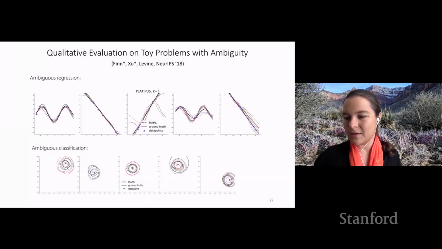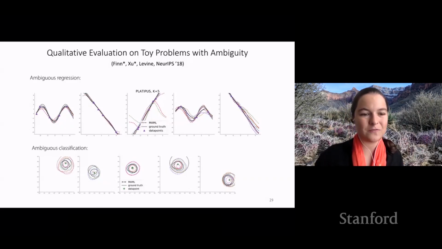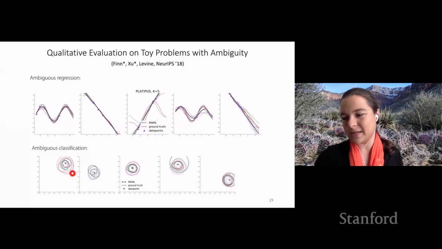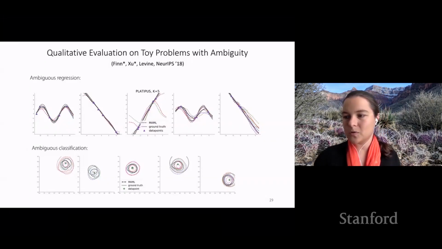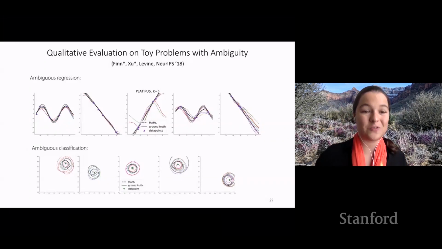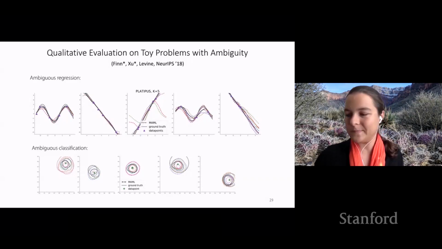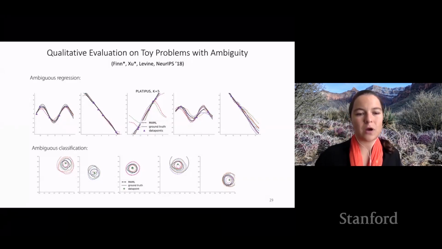And when you do that, if you only give it this green plus, for example, then it's ambiguous where exactly the decision boundary lies, and you can visualize the different functions that it's estimating based off of this single data point. So this is one example of how you can visualize and measure whether or not the uncertainty in the model is accurate. But of course, these are toy problems that may not translate to more complex problems.